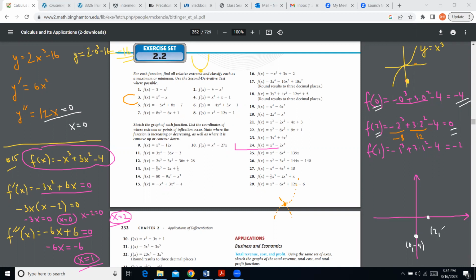Okay. And then another point, coordinates 1 for x and negative 2 for y. So x is 1, y is negative 2. That's right in between. So you can say, oh, that's a line, Alex. No, it is not a line. This is a cubic function.